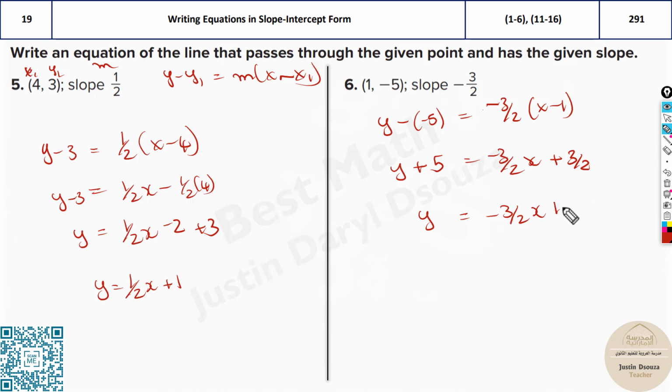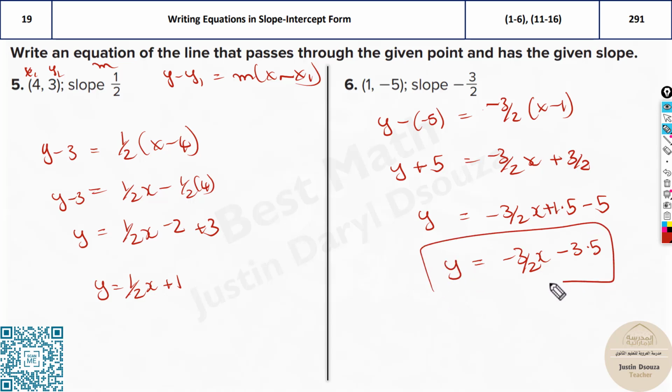Now what is 3 by 2? It is 1.5. You can check that in the calculator, and this plus 5 to the other side becomes negative 5. Minus 5 plus 1.5 would be negative, and the answer would be 3.5. Or you can just check it in the calculator. This is plus over here. Sorry for missing the sign. And that's it. That's the answer.